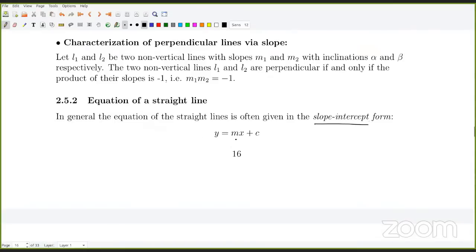Here, m denotes slope, c denotes y-intercept. That is why this is named slope intercept form. By looking at the equation, you can give the slope and y-intercept directly.